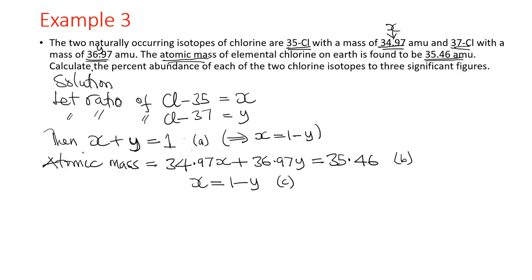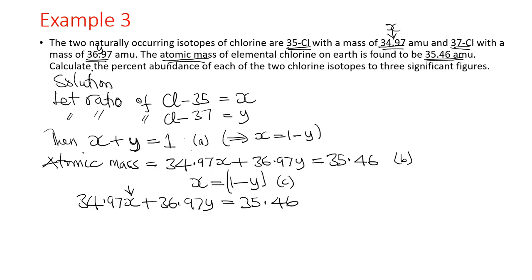Now what do I do? Wherever there is x, so if I write 34.97x plus 36.97y is equal to 35.46, wherever there is this x, I replace it with 1 minus y, so that I am dealing with a single unknown.